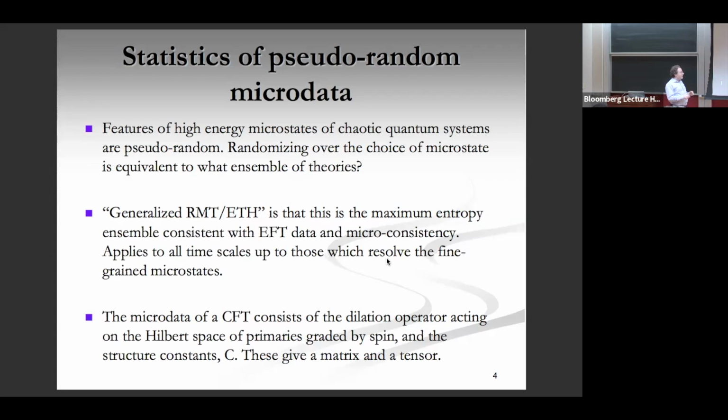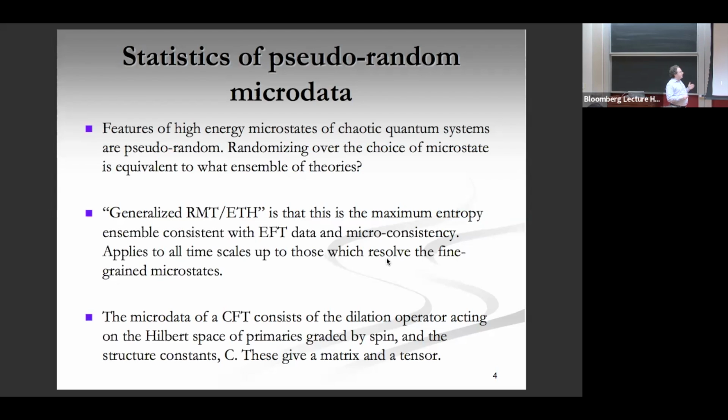But we can randomize over the choice of microstates. So in other words, maybe we're interested in physics in a particular microcanonical band, but we don't know which microstate our friend is going to pick out of this band. And so that produces an ensemble of not knowing which microstate in the band we pick.